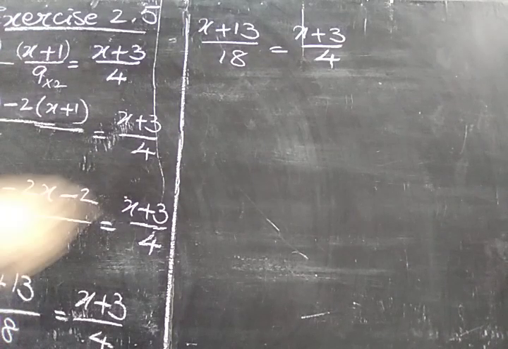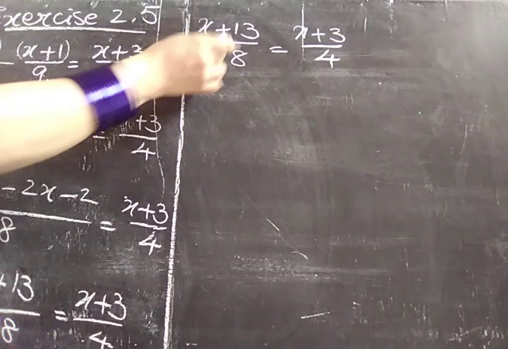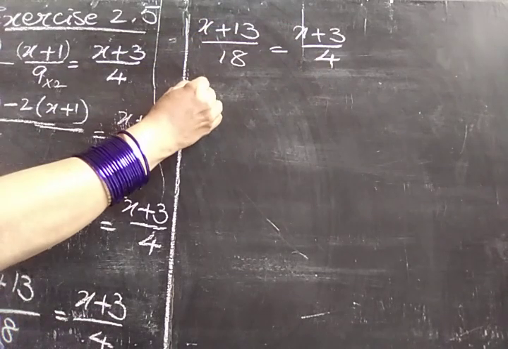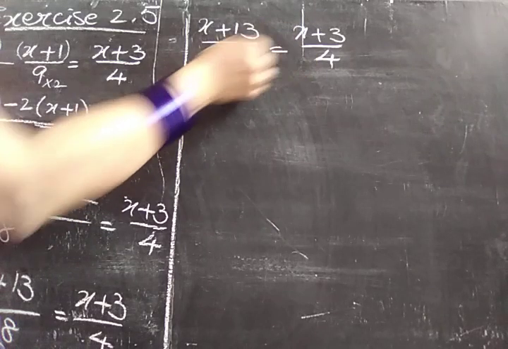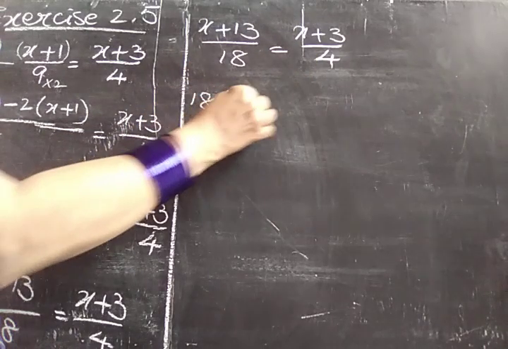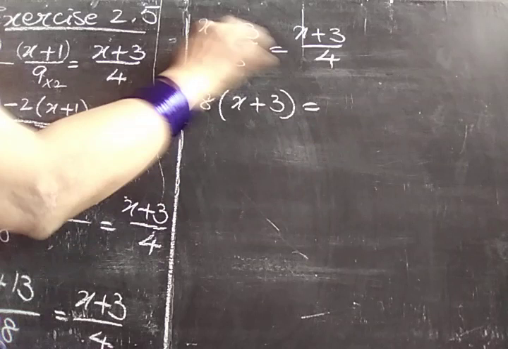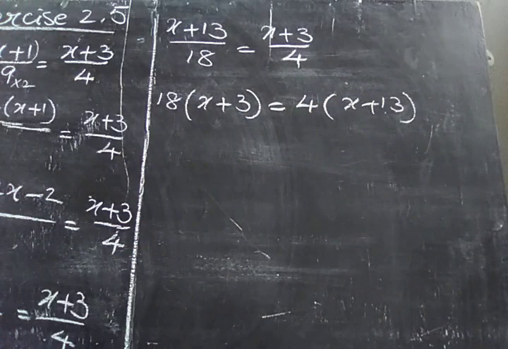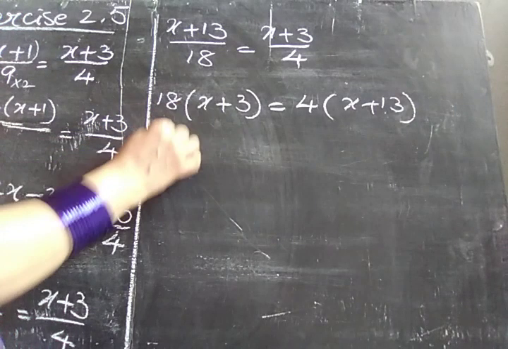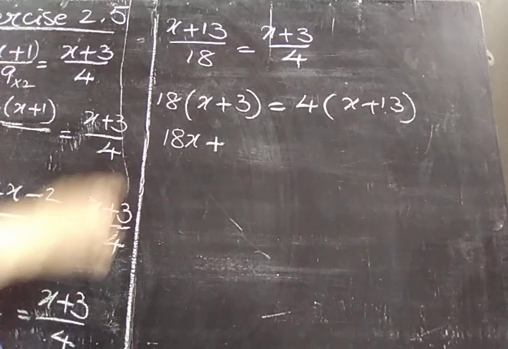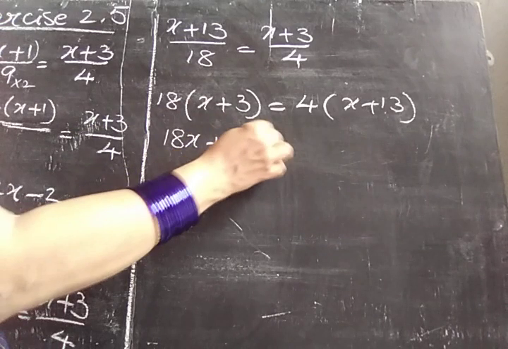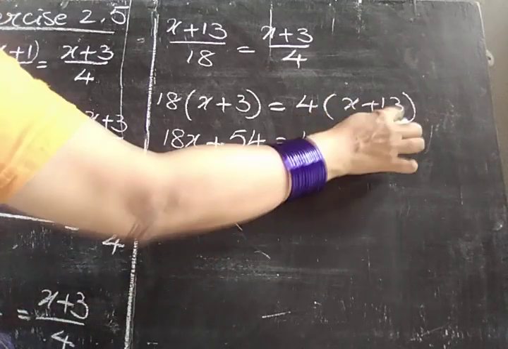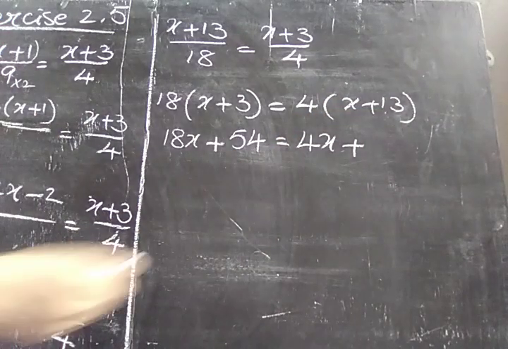How to solve? Cross multiplication. Here cross multiplication, 4 into this one and this one. Here first these two have to multiply. 18 into (x + 3) is equal to 4 into (x + 13). Okay, now 18 into x, 18x, plus 18 3s, 54, is equal to 4 into x, 4x, plus 4 into 13, 13 4s are 52.